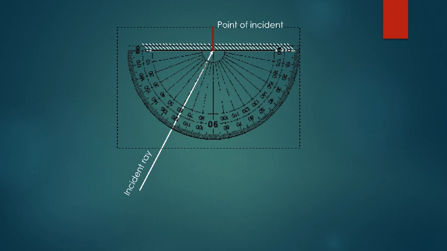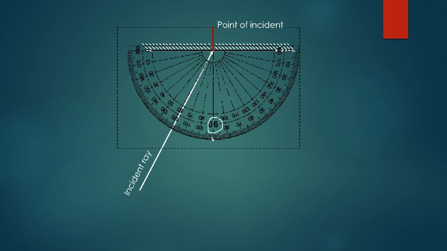Look at this. Now when you keep the protractor at the point of incidence, locate the 90° on the protractor and make a mark there. Now please look at how it is placed. So a point is marked there at exactly 90°.